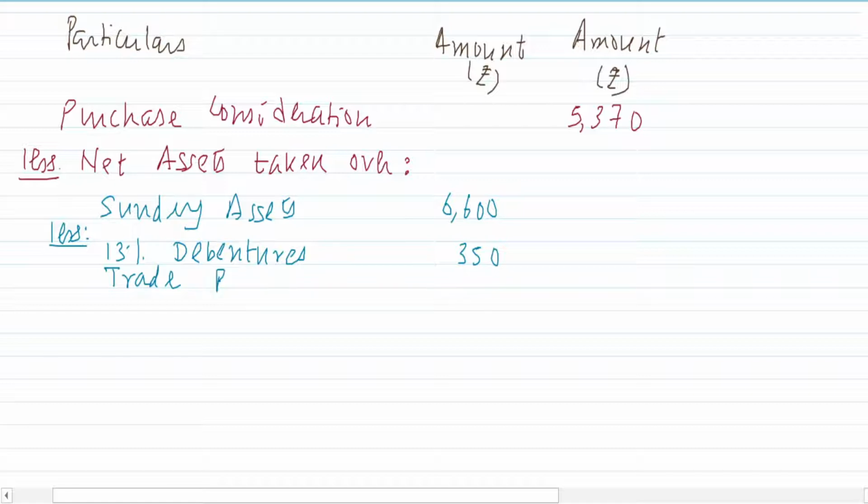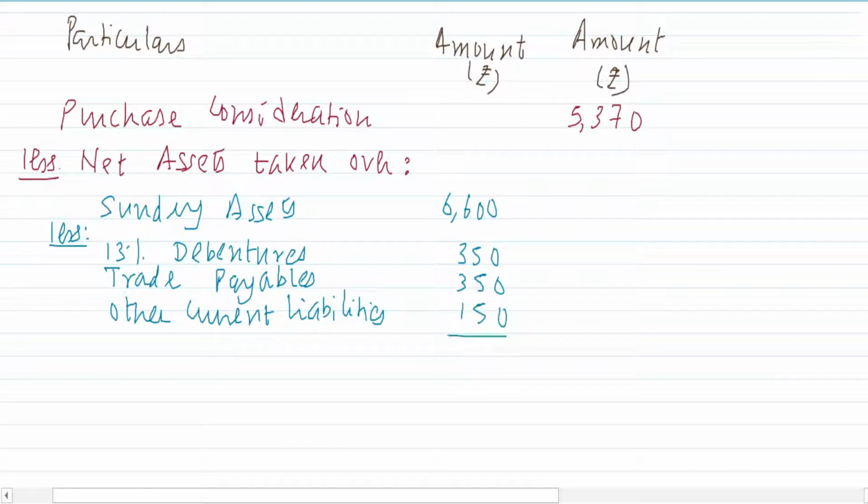Trade payables, that is also 350. Other current liabilities is 150. So 6,600 minus 850, isn't it? So the net assets taken over is 5750.